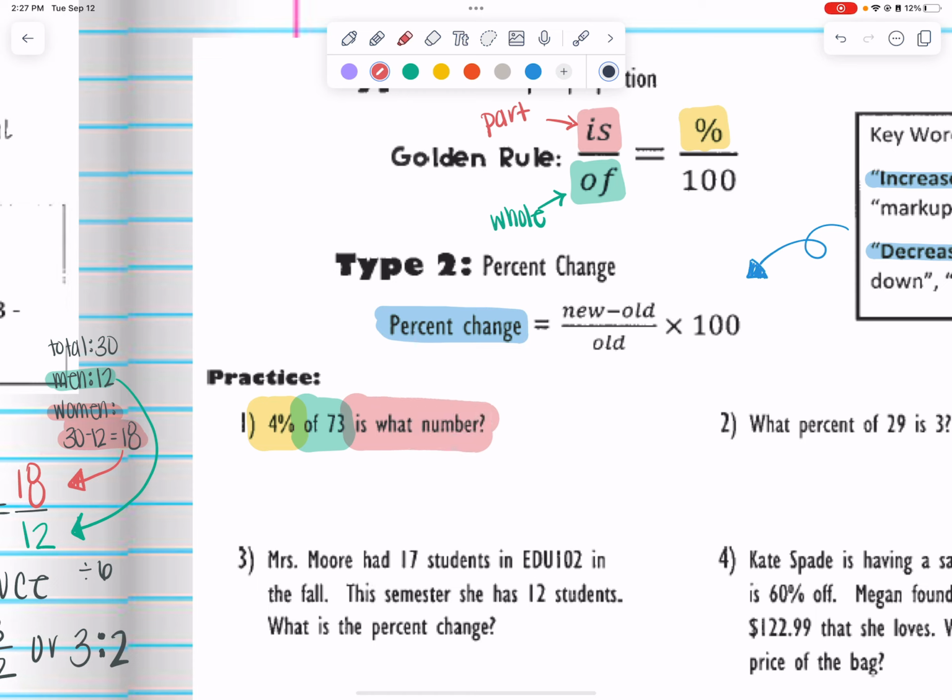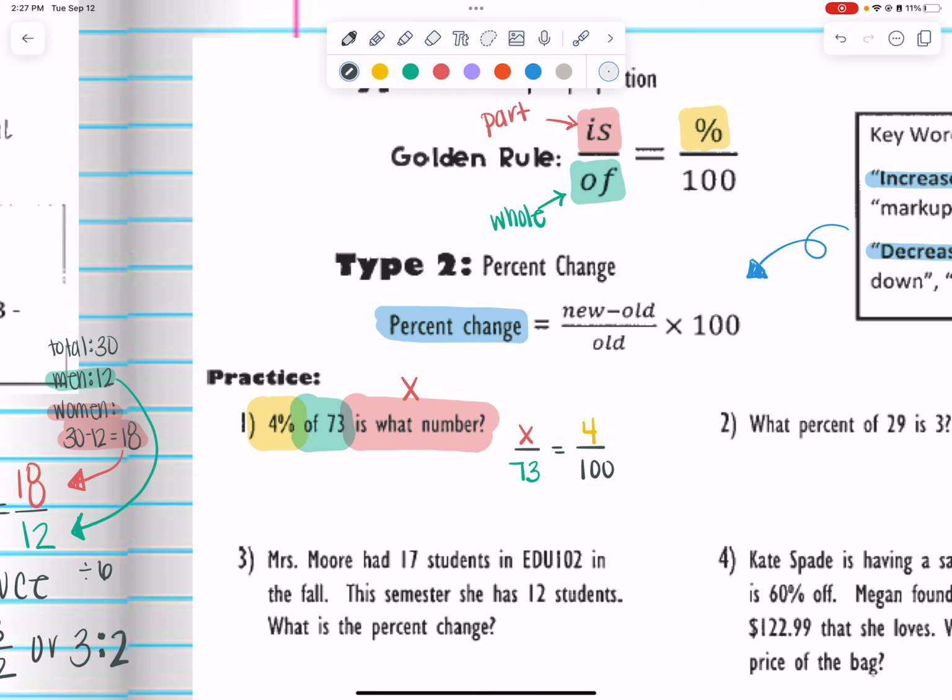Well, anytime I don't know a quantity in math, I can call that an unknown of x. And then I'm going to set up my proportion. So is over of. Is what number? That's going to be x over 73 equals percent, 4 over 100.